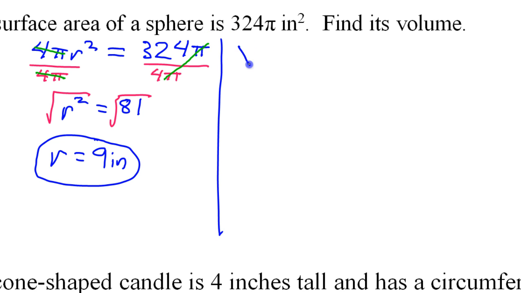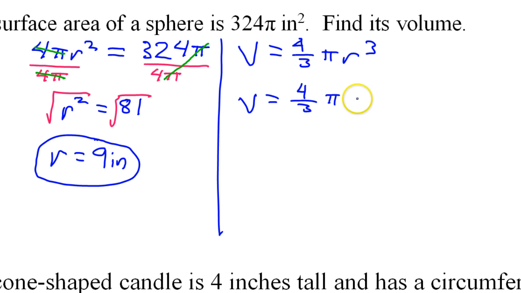So let's start over and talk about volume. So the volume of a sphere is, I'm sorry, not 1/3, 4/3 pi r cubed. Okay, so the volume is going to be 4/3 pi, and the radius is 9.